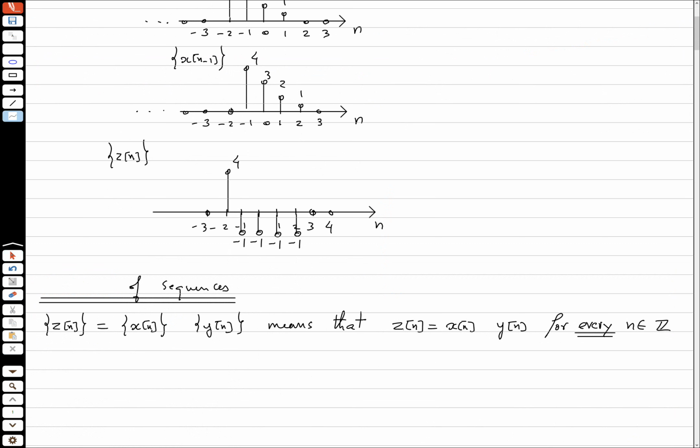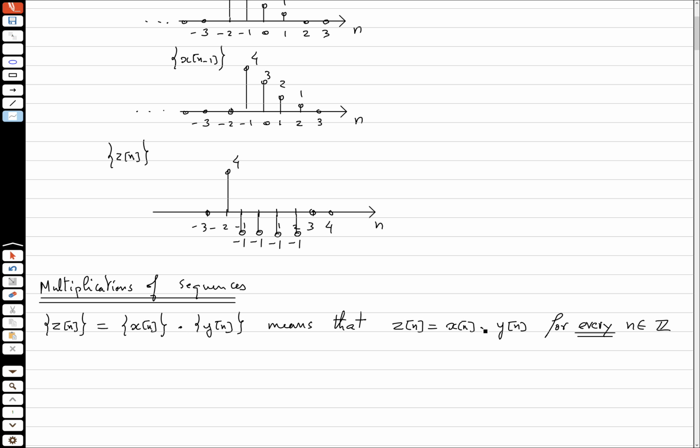So here we are going to have multiplications of sequences. Same thing, except that you are going to have multiplication.